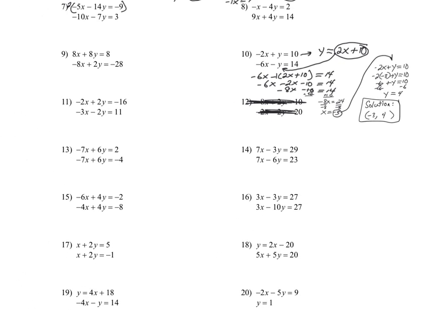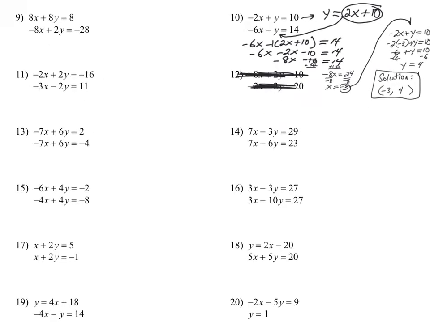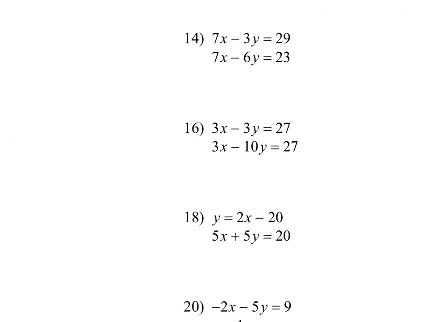Now, I will say, if you do problems 13 and 14, or 13 and 15, or 14 and 15, you can see that in 14 we have 7x and 7x. So I can simply subtract. Why would I want to do substitution? Instead, I can subtract and use elimination.